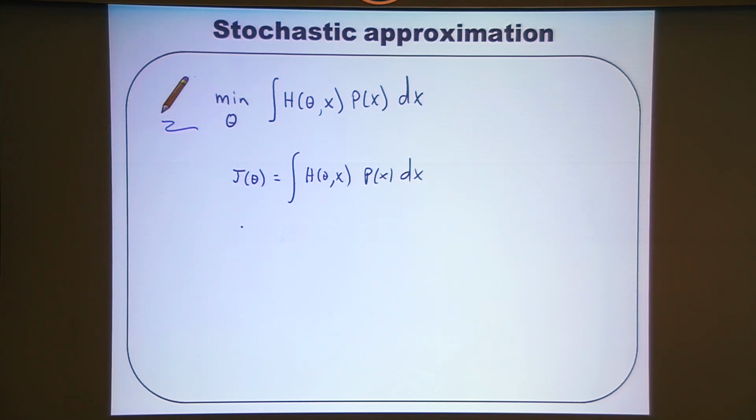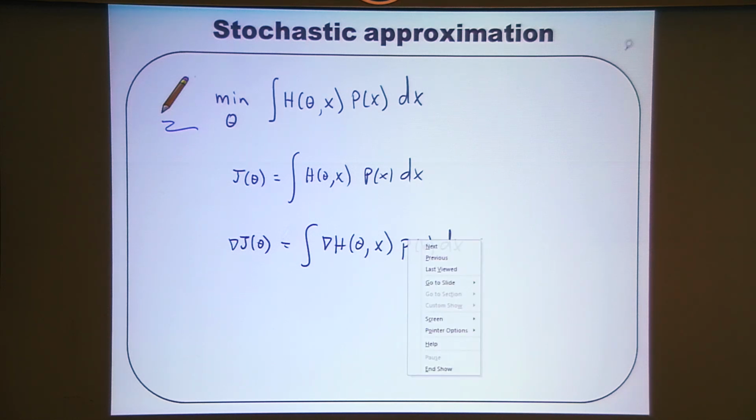It would be just a big sum. And I'm going to assume that everything is regular so that I can actually swap the sum with the derivative and write this in this form. My p doesn't depend on theta. Sometimes in control the p depends on theta and the problem is harder.